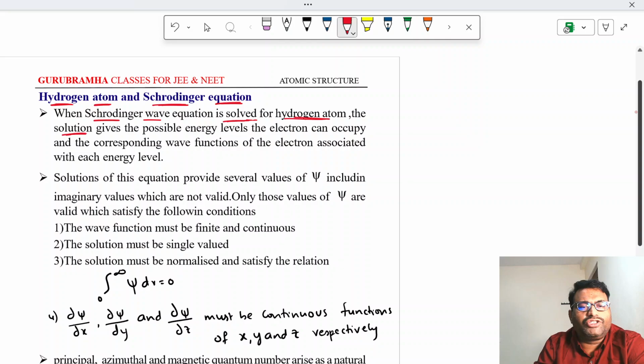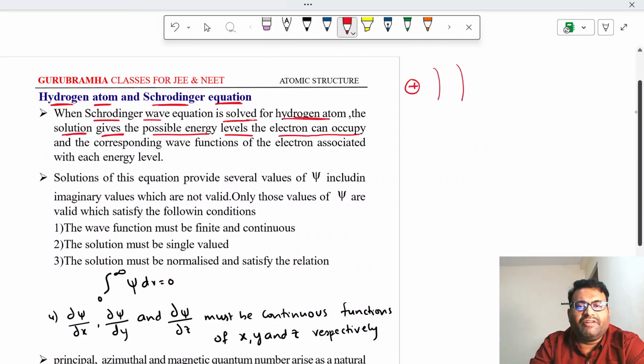What does the solution give? It gives the possible energy levels the electron can occupy. Around the nucleus there are some energy levels.